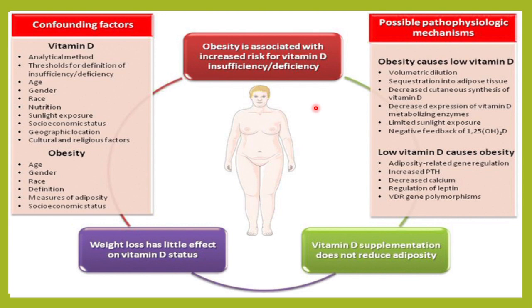And whenever there is low vitamin D, there is reduced expression of leptin, or decreased calcium, or adiposity related gene regulation. There might be a vitamin D receptor polymorphism. All can lead to increased fat and obesity. So the patient can present with obesity as one of the symptoms. So that also happens in vitamin D deficiency.